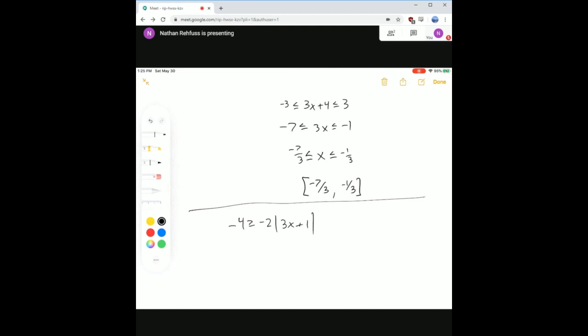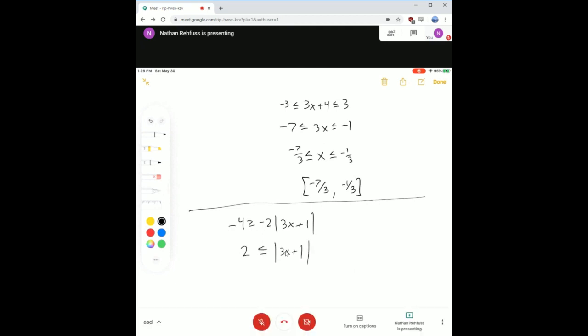First thing I have to do is divide by -2. So this is going to be a 2. This is going to be just 3x plus 1 in absolute value bars. But the sign flips. So this is a lower bound on the absolute value. The absolute value has to be bigger than or equal to 2. This is a restraining order on 3x plus 1. It cannot get within 2 units of the origin under any circumstances, or else it goes to jail.